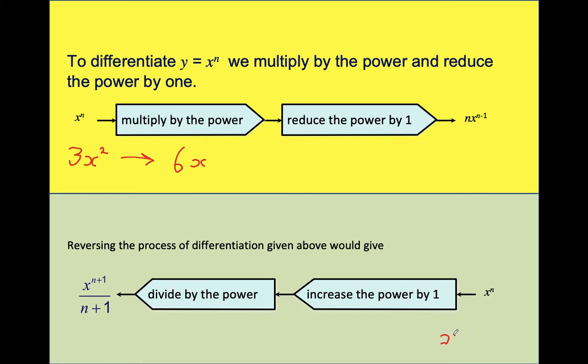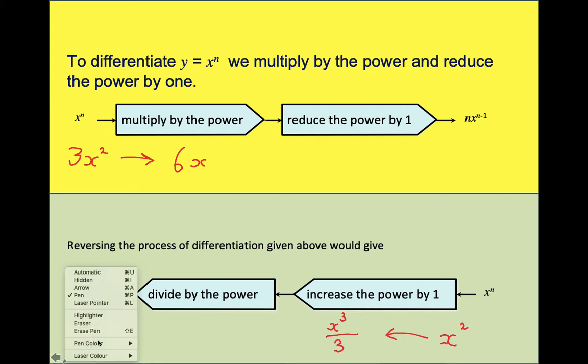To integrate it, first of all, we add 1 to the power and then we divide by the new power. So we add 1 to 2, which is 3, and then we divide by the power, which is 3. And actually, you can see that if we take this integrated function and then differentiate it, we'll get back to this question.